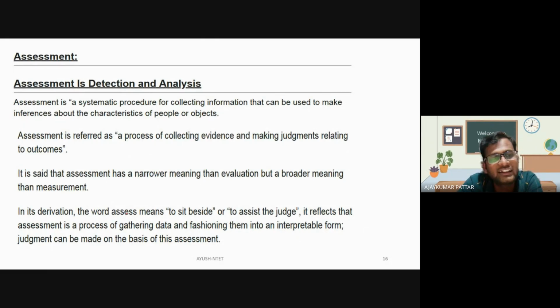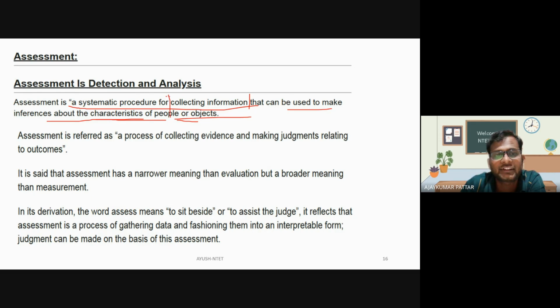Next is assessment. Assessment is detection and analysis. Assessment is a systematic procedure for collecting information that can be used to make inferences about the characteristics of people or objects. Whatever thing you want to assess, we will collect the information about that object or characteristic.